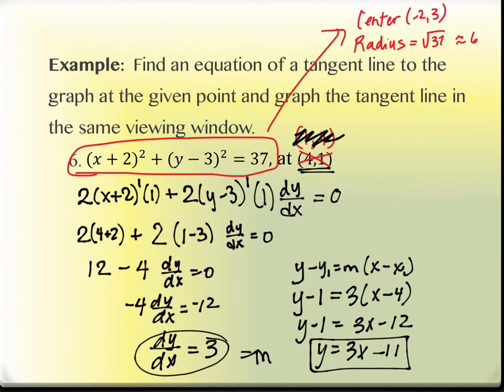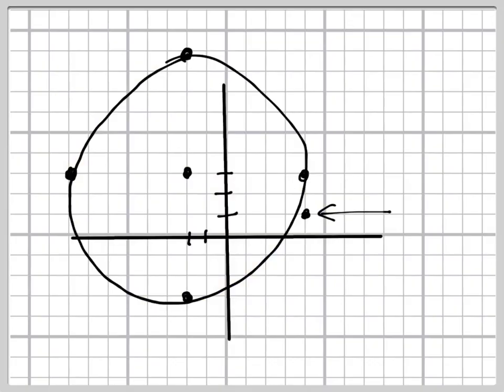I changed it from something that didn't work either. I had 4, 4 written down in my notes the first time I did it, and it didn't work then either because 4, 4 is not on the circle either. So nothing's on the circle. 4, 3 would be on the circle, but then I get a vertical line, which is not very useful for solving things. So, at any rate, let's go to the next one.